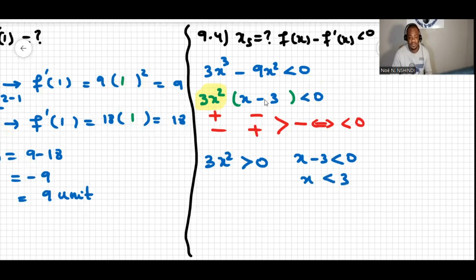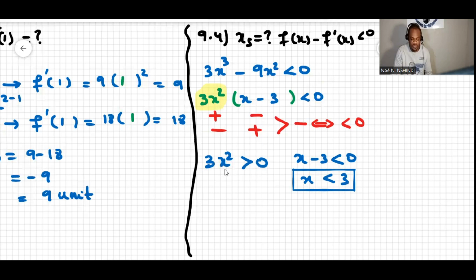So if x is lesser than 3, f of x minus f prime of x will be lesser than 0. There must be a condition, because 3x squared has to be more than 0.